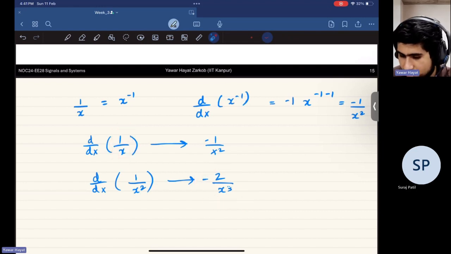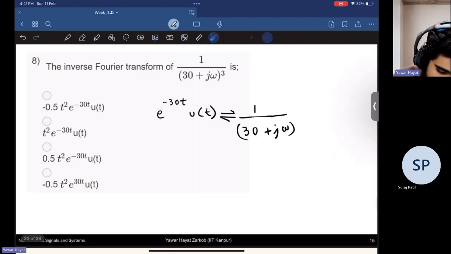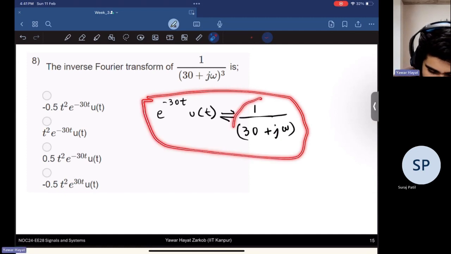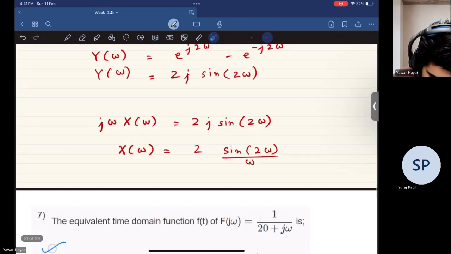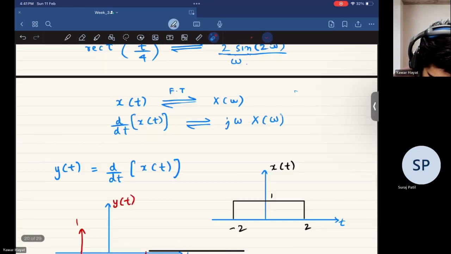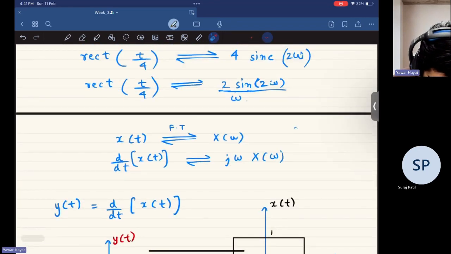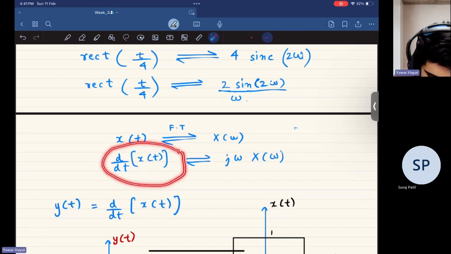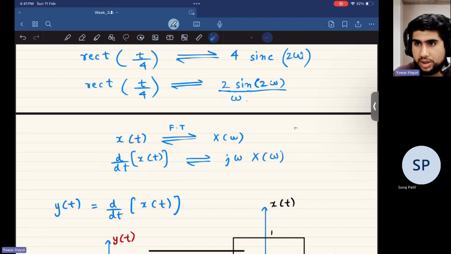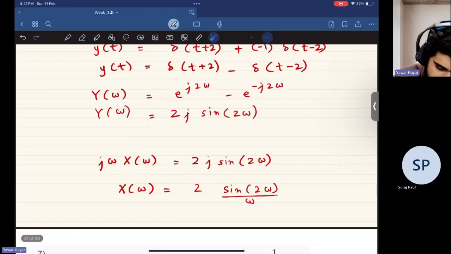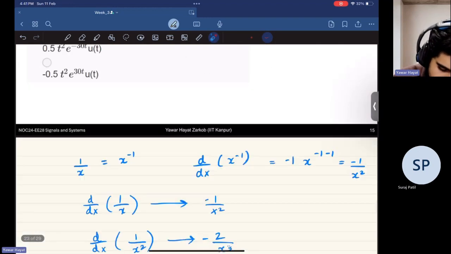Now what I would do is use the property. See, I'm now talking about taking derivatives in the frequency domain representation. Before that, I was taking a derivative in the time domain representation. So let's first see what the formula is.